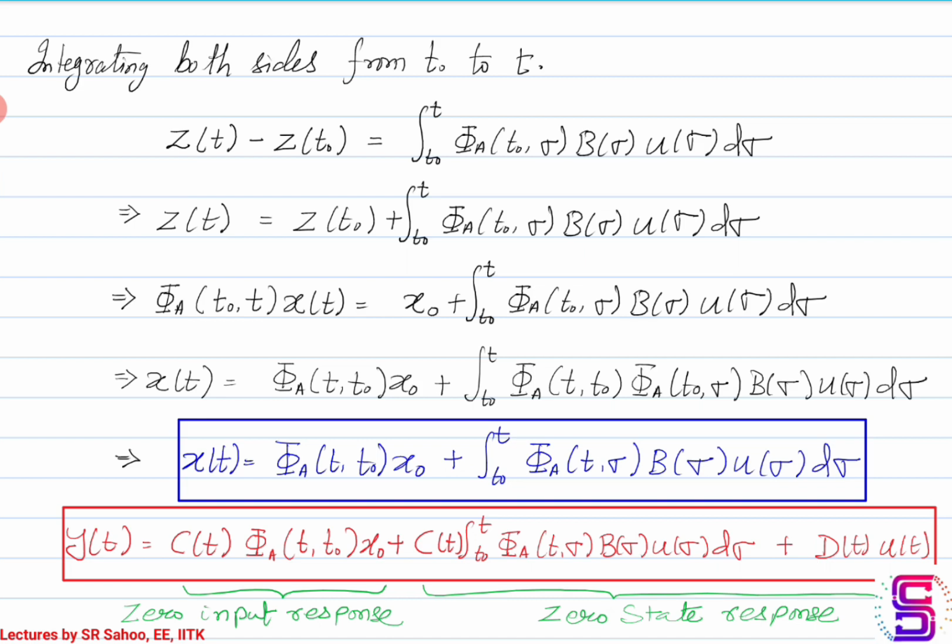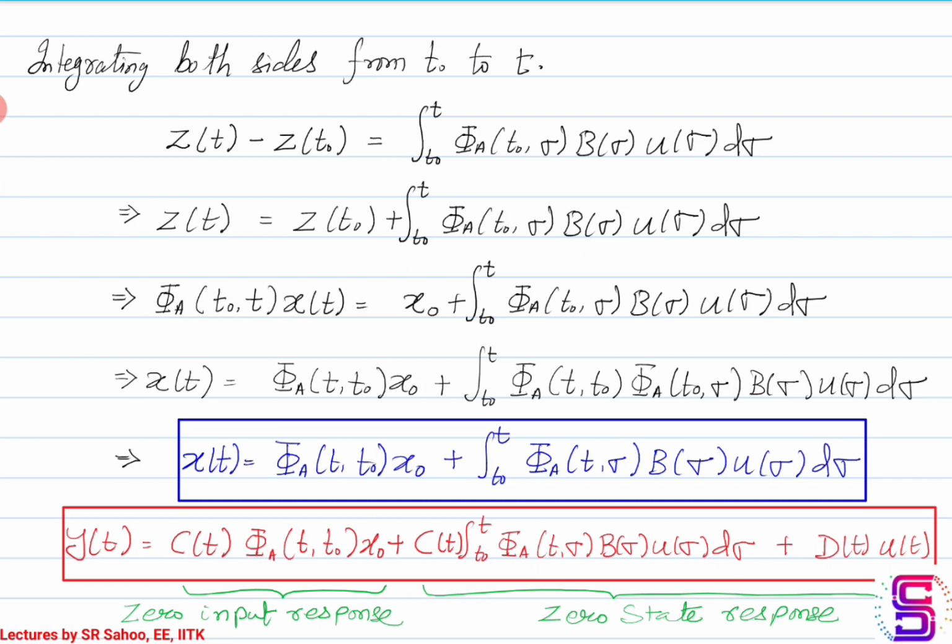If the initial state of the system is identically zero, then what we get as the output is the zero state response of the system. So for non-zero input and non-zero initial condition, the output of the system is a combination of the zero input response and the zero state response.